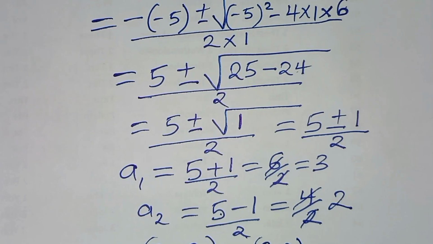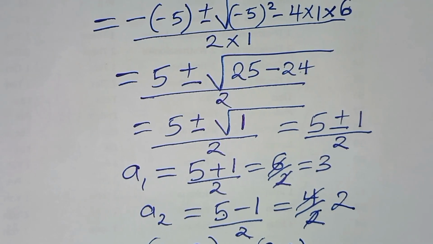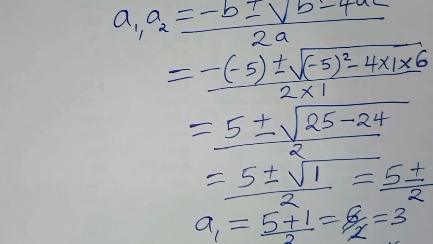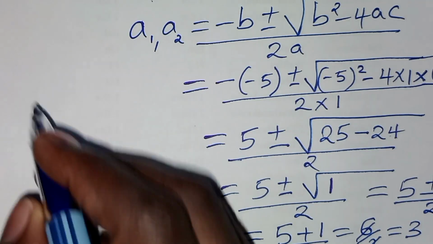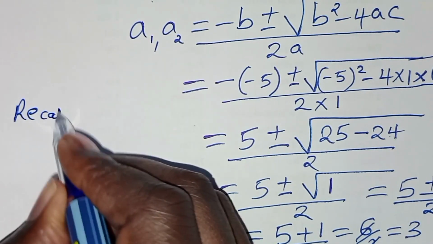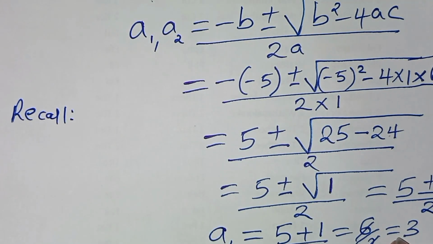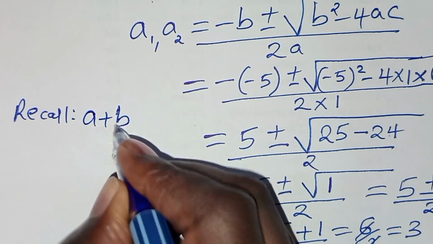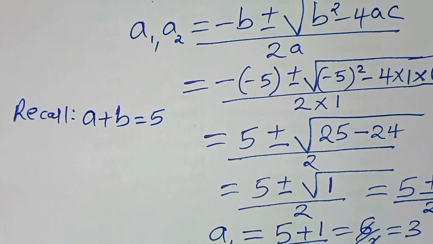So we have two values of a1 and a2. So let's solve for b1 and b2. Now, if you recall, we have that a plus b is equal to 5.